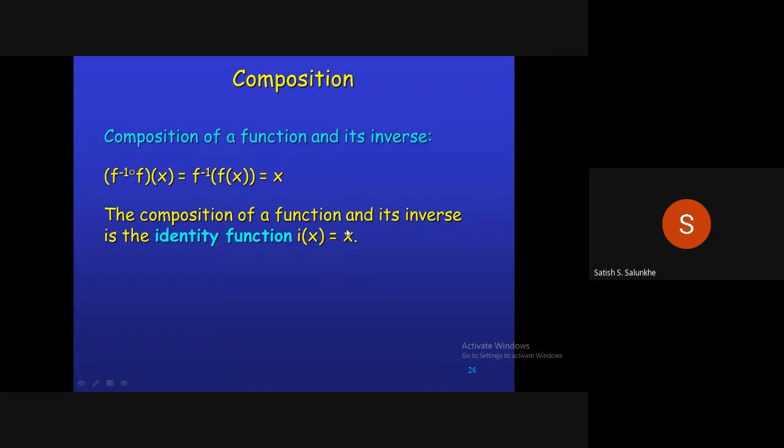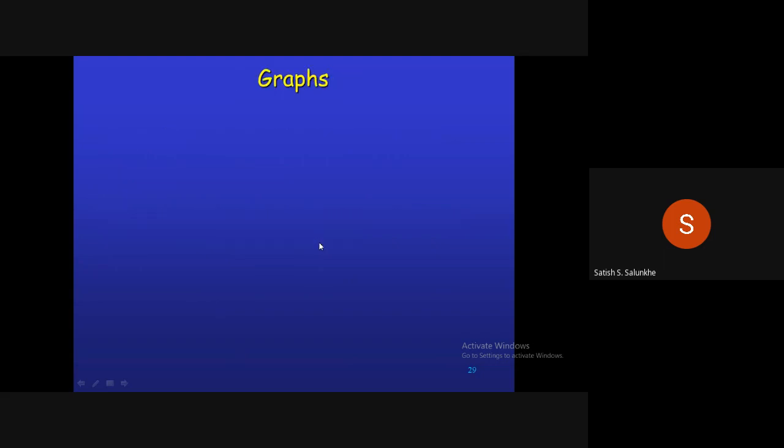Because whatever input argument you supply to this composition function, you get back the same element itself. Means X is mapped to itself. X is mapped to the codomain, and again from the codomain to the domain. Since it is a one-to-one onto function, it is mapped to itself. This is what I am discussing right now.